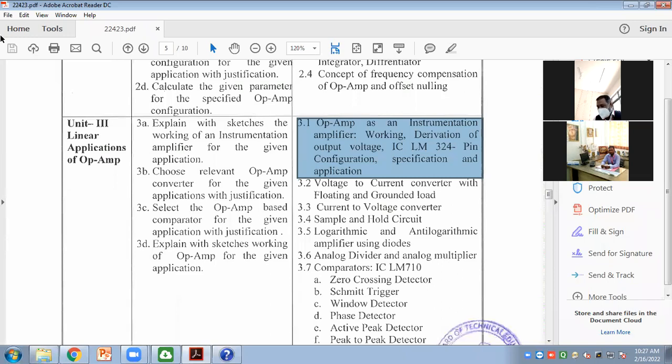So by using LM324, we are going to see the details of the LM324.